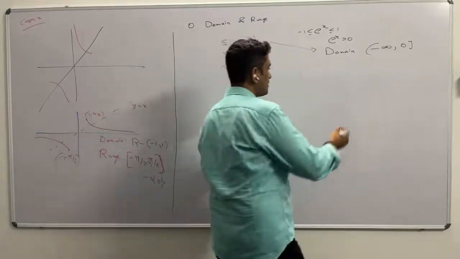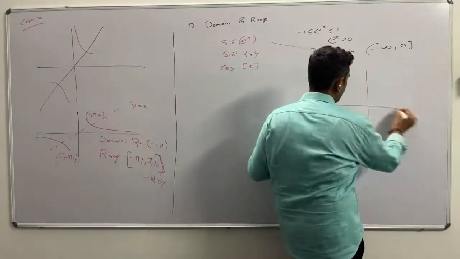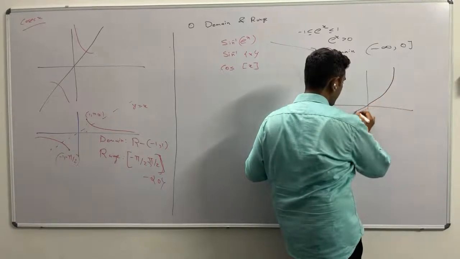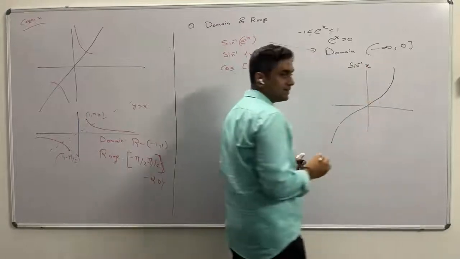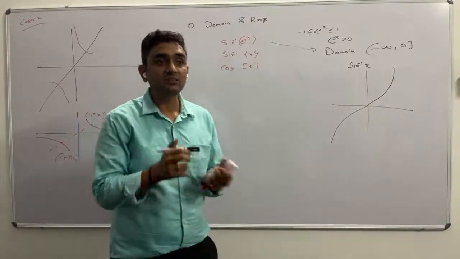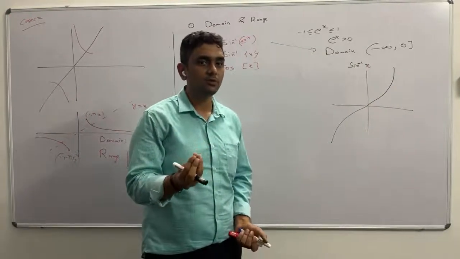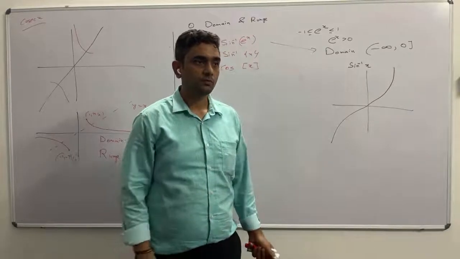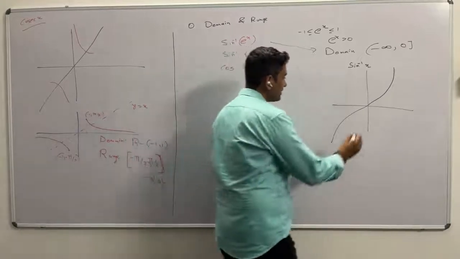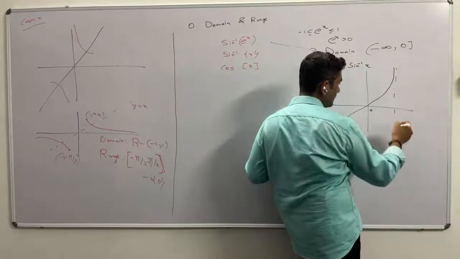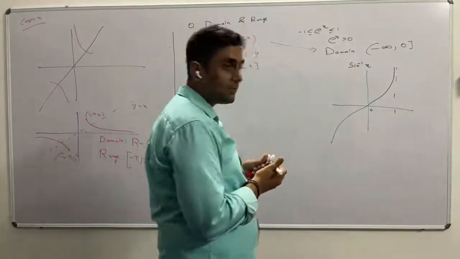Now if we look at the graph of sine inverse x, this is the graph of sine inverse x. Now when x is positive, what are the y values, positive or negative? If x is positive, y values are also positive.